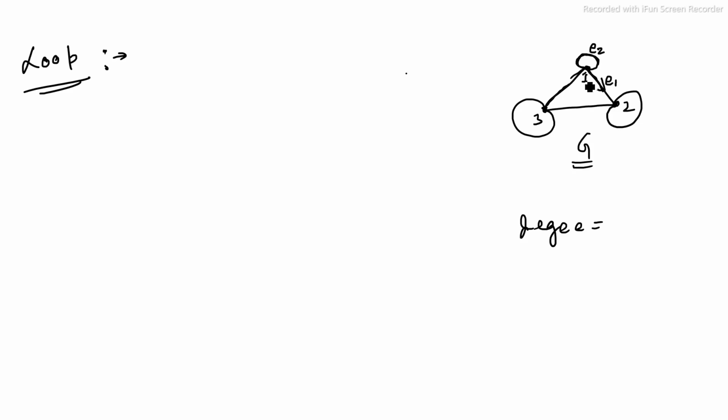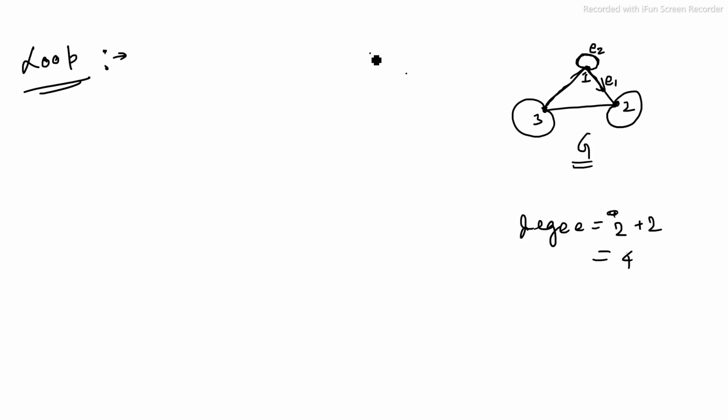There are 1, 2 edges, so 2, and for the loop you add 2. So the degree of vertex 1 is 4. Here every vertex has degree 4: degree of 2 is 4, degree of 3 is 4.